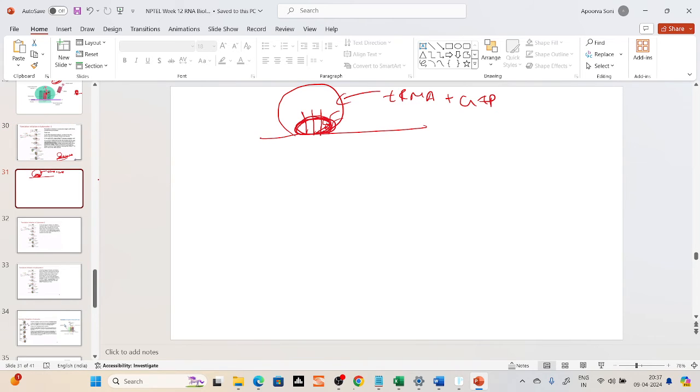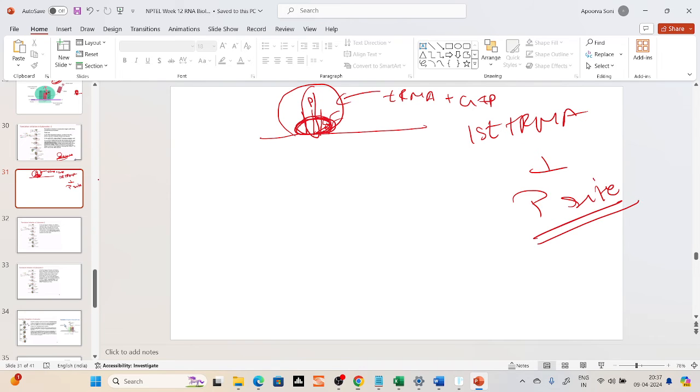Now this tRNA has to attach at the P site because this is the first tRNA. The first tRNA always attaches to the P site. So the tRNA attaches to the P site and this linear mRNA is converted into a circular mRNA.